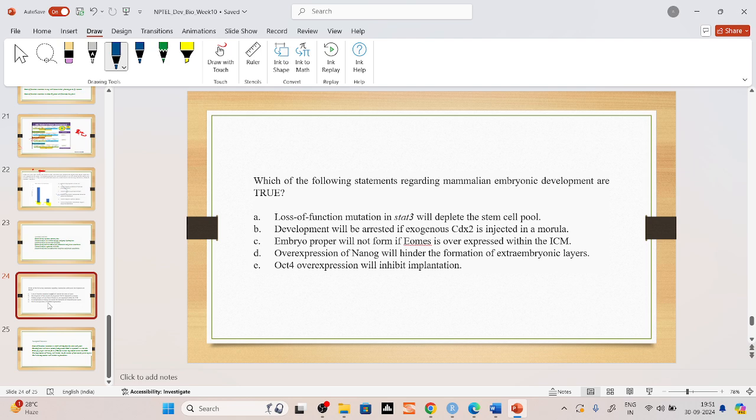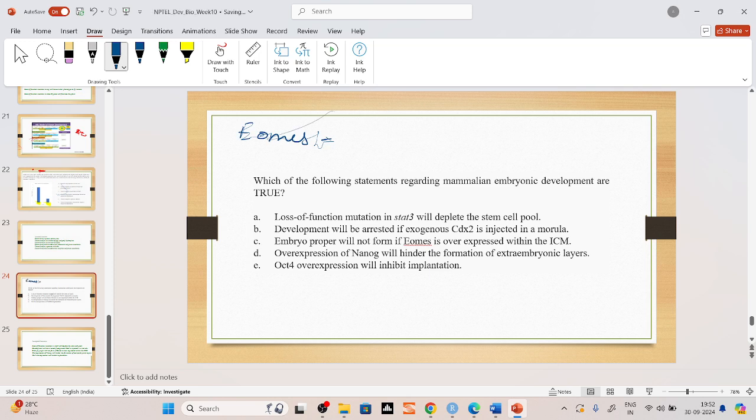Then your C is proper embryo will not form if EOMES is overexpressed within the inner cell mass. EOMES means eomesodermin. Let me write it. I'm not writing much today because this pointer is not working, but I'll try.